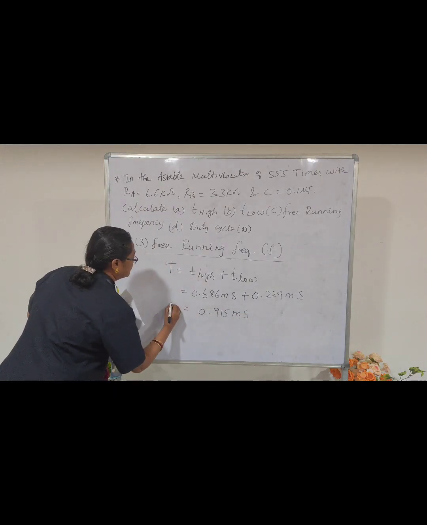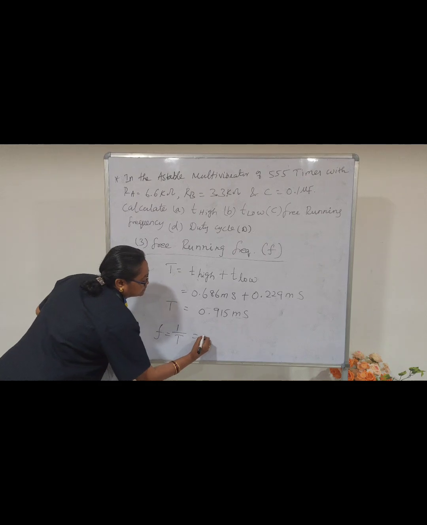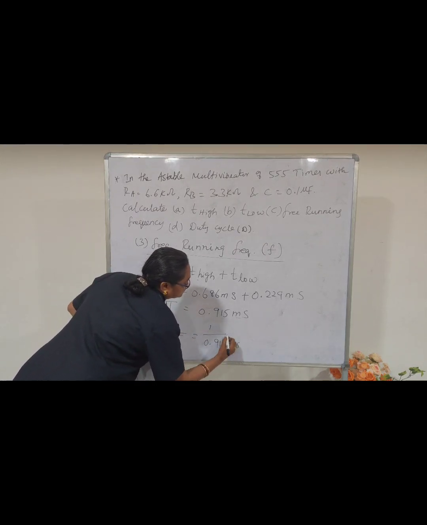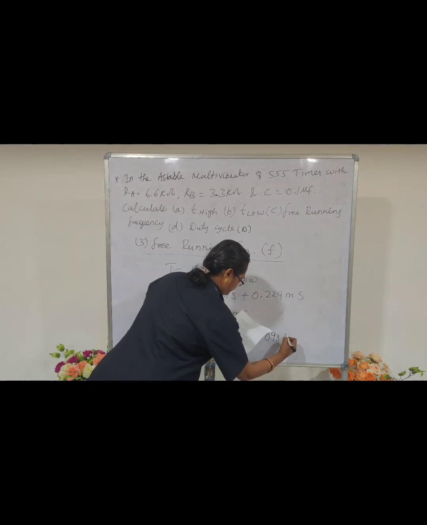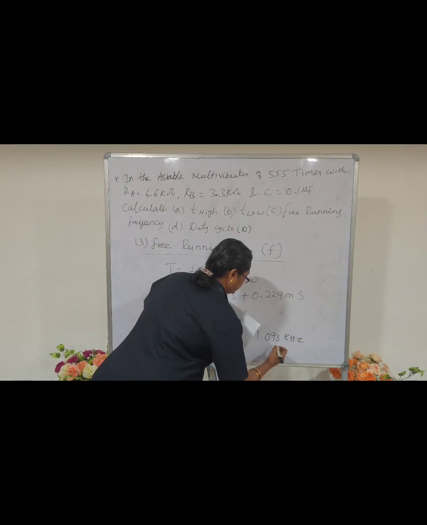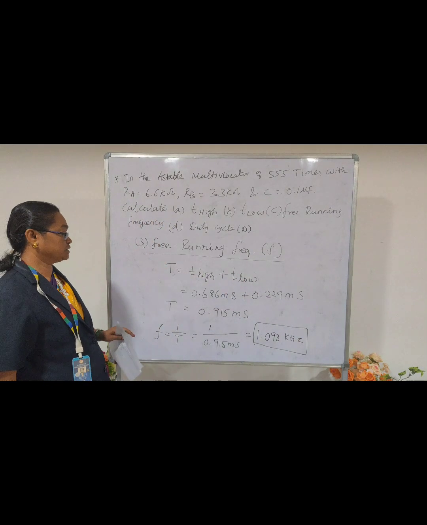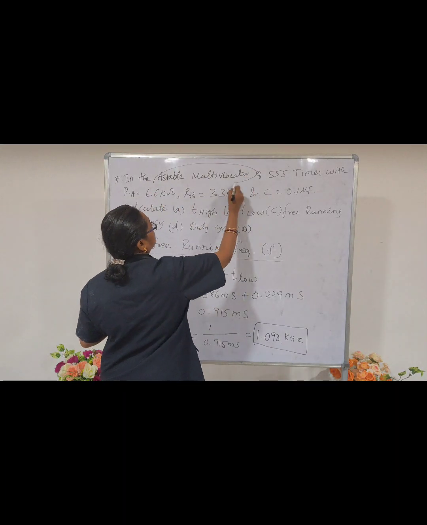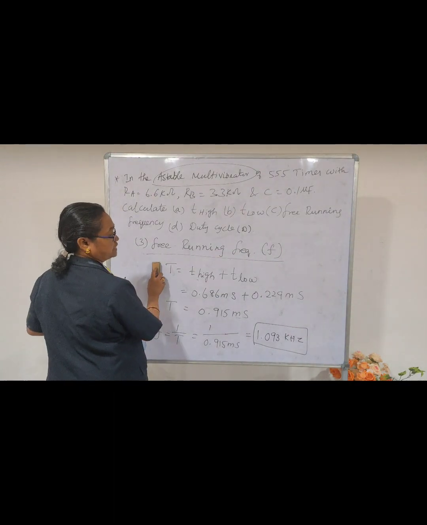This is your capital T. From this you can find F equal to 1 by T. So 1 divided by 0.915 millisecond. Answer is F equal to 1.093 kilohertz.